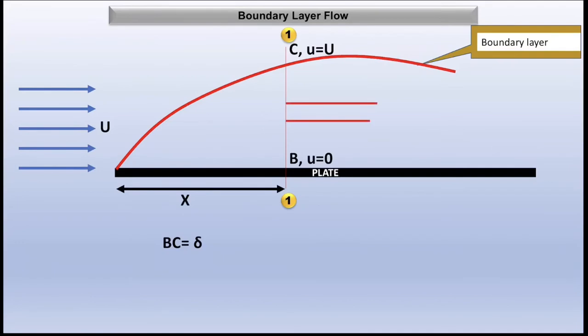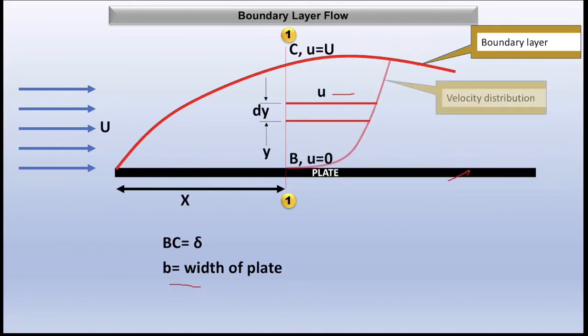Let us consider that dy is the thickness of the elemental strip at a distance y from the solid plate, having u as the velocity of the fluid, and this entire fluid has a width of b.